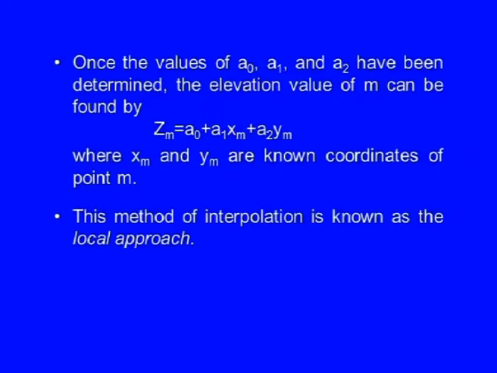Once the values of a0, a1 and a2 have been determined, the value of ZM can now be found using the relationship ZM is equal to a0 plus a1 xM plus a2 yM, where xM and yM are the known coordinates of the point M. This method of interpolation is known as the local approach.